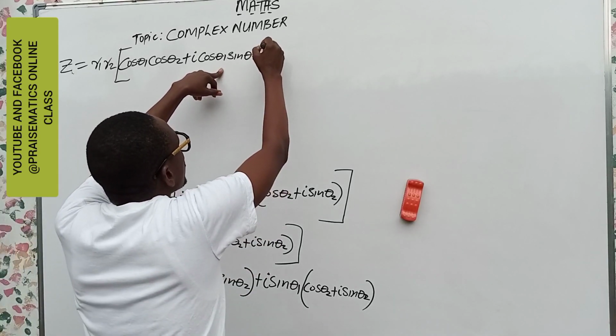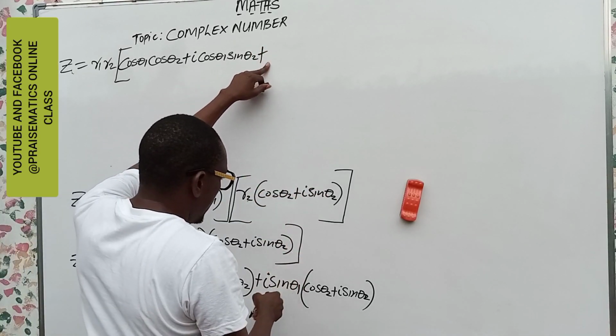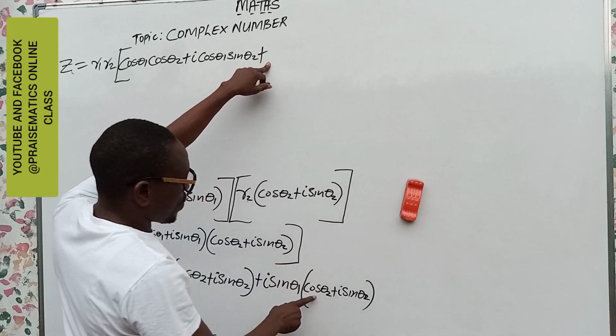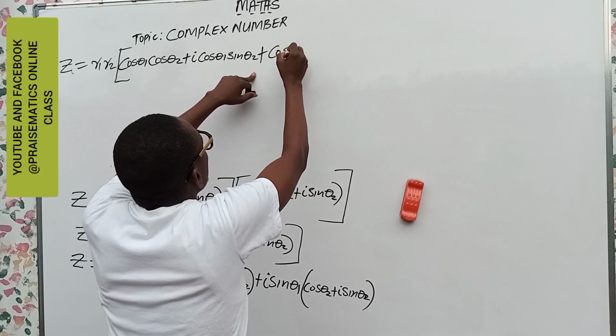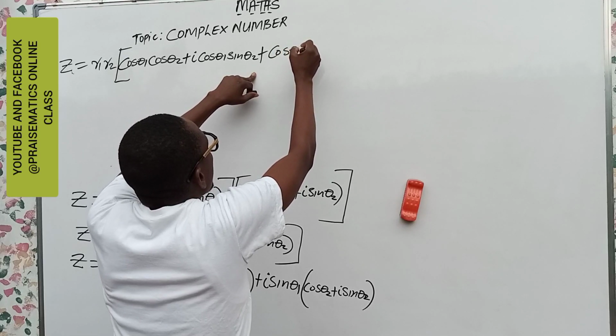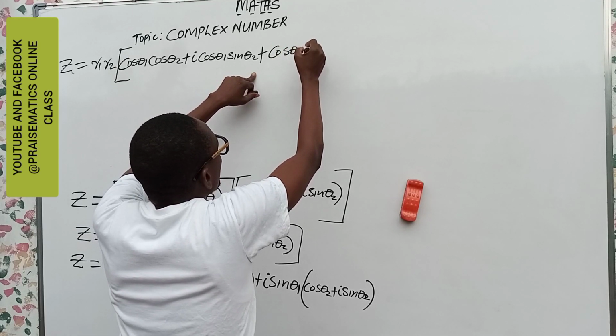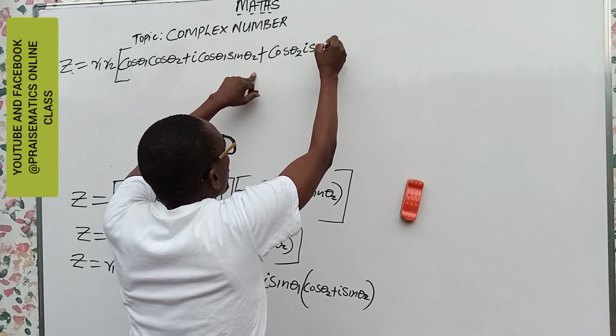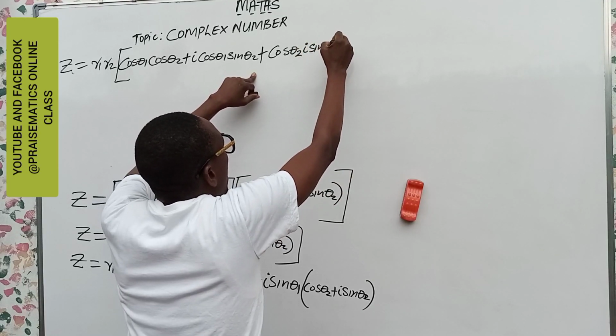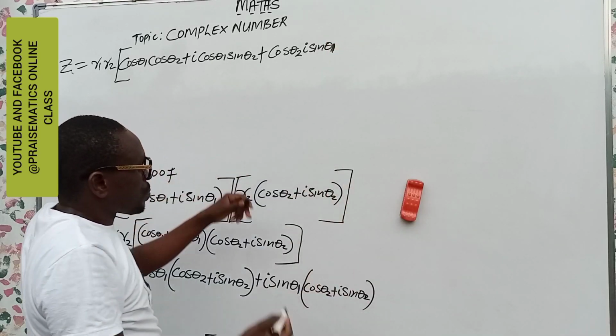Okay, plus I sin theta 1 times cos theta 2, we have it as cos theta 2 times I sin theta 1.